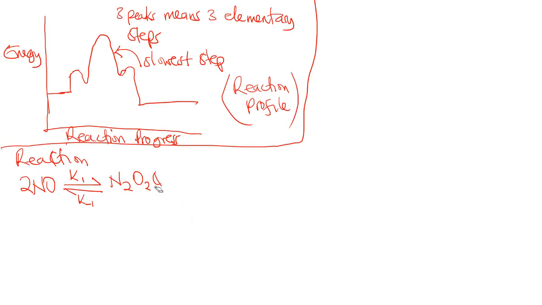This reaction is in gaseous form, so just take note of that. So this is 1. The second step is H2 plus N2O2, given the rate constant K2, to give water and N2O.